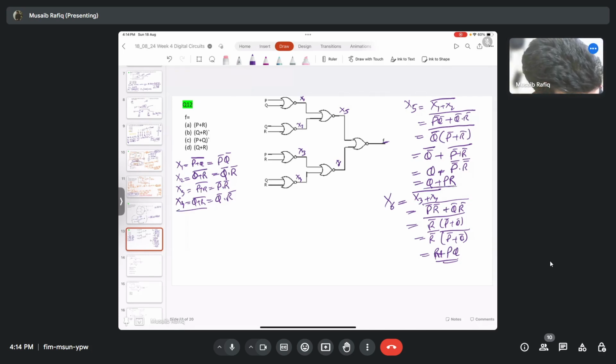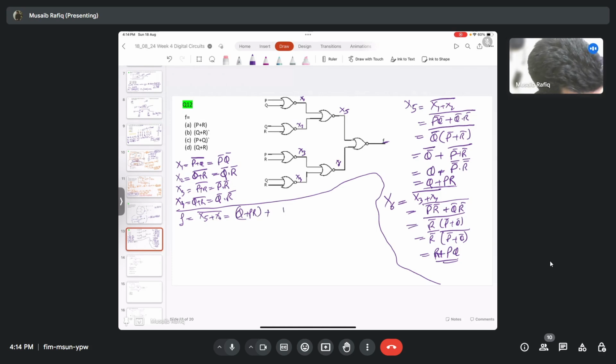My x6 is r plus pq and my x5 is q plus pr. Now my f is equal to (x5 plus x6) whole bar, that is equal to (q plus pr plus r plus pq), and the whole thing is complemented.